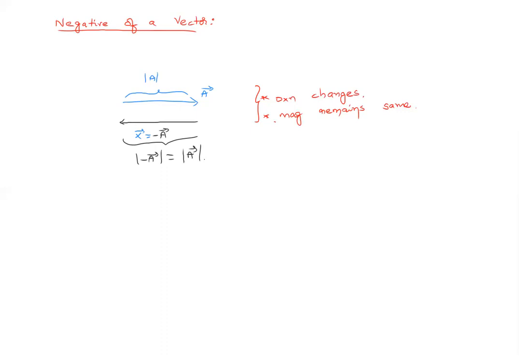Now, let us say you have a vector a bar. If you reverse it, you get the reversed vector. But nobody will directly ask you what is the negative of a vector.